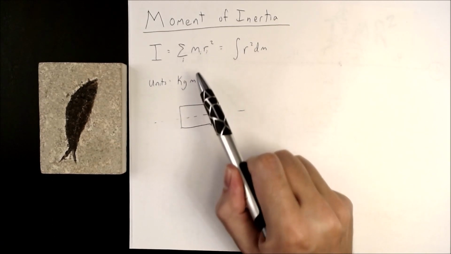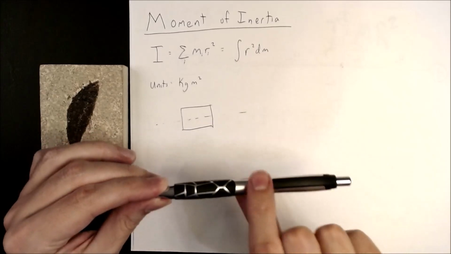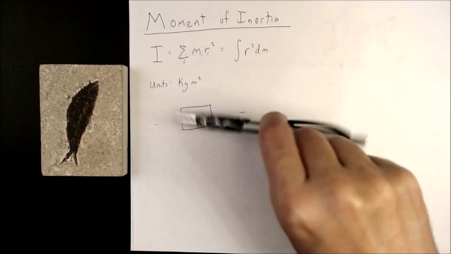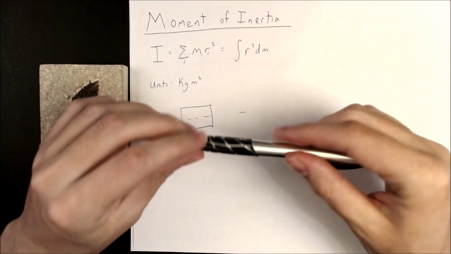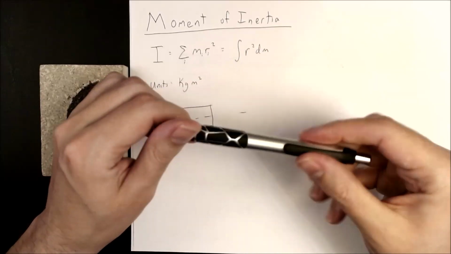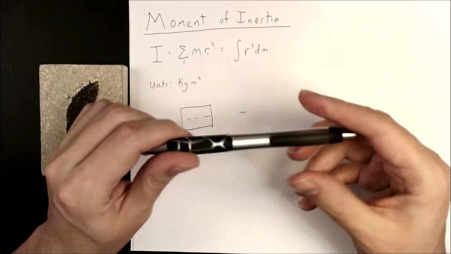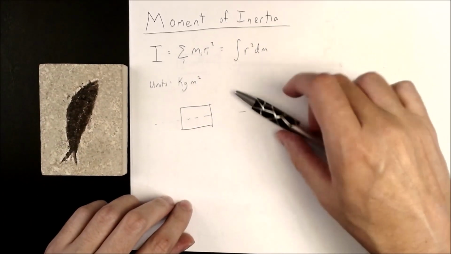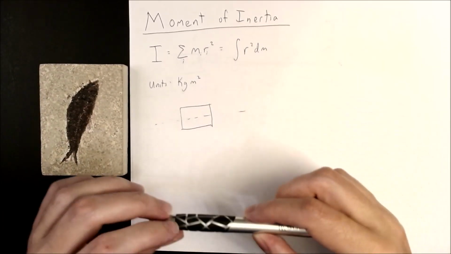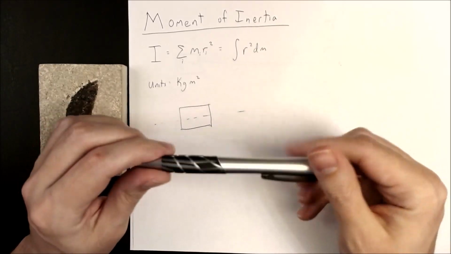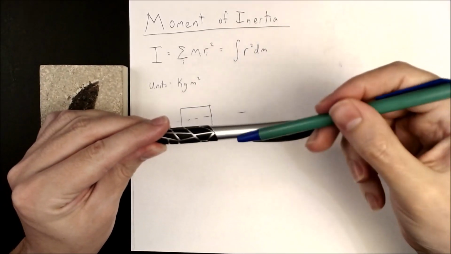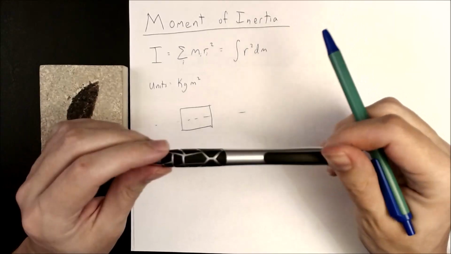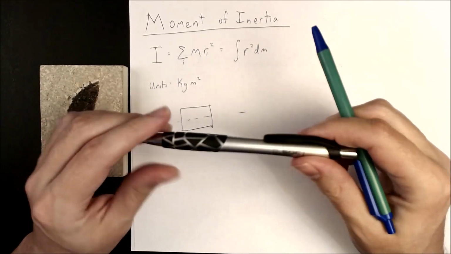This is just the same as when I was rotating that stick. I could rotate the stick like this, or I could rotate the stick like this, and we determined that it was easier to rotate the stick like this than it was like this, around like that, because when you have the stick like this, then the atoms in the object are not having to move very far as it rotates around.